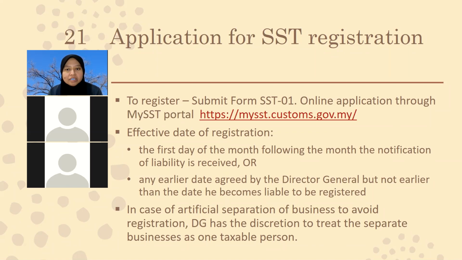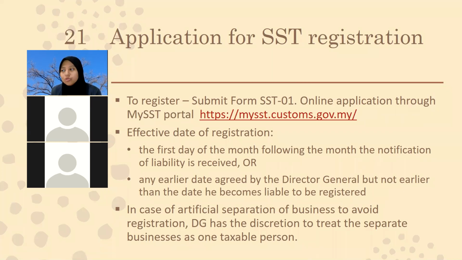So, application for SST registration, the form used is what we call form SST01. This is the form that you use to register. You can apply online through the MySST portal, the website that I showed you just now. Application can be done online. Submission of tax return can also be done online, although manual is still allowed, but of course it's a bit slow.